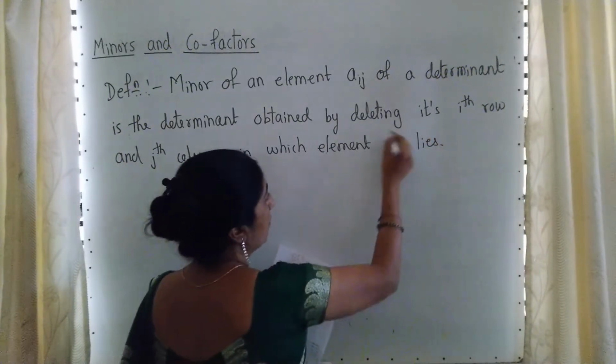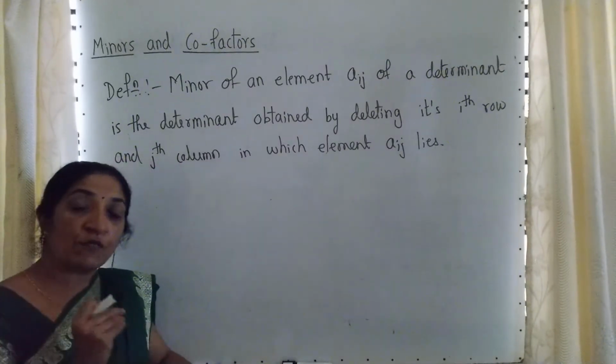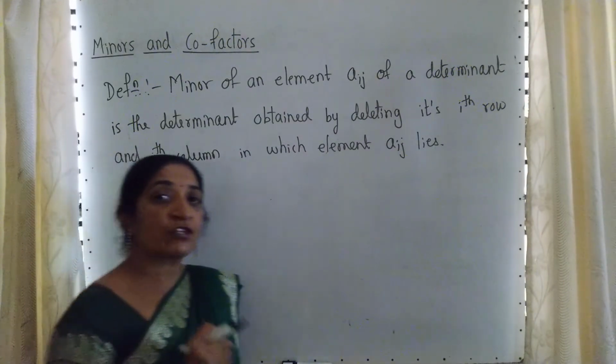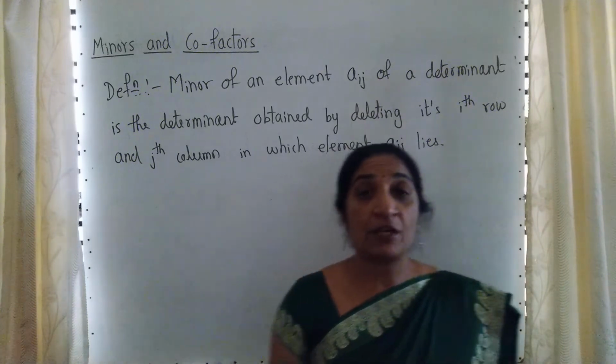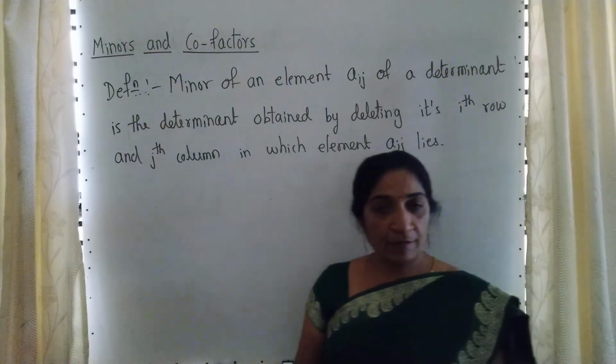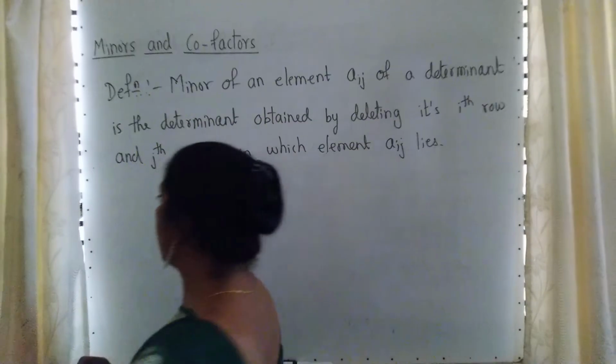So that is what I explained. That means, for the number, find in which row and which column it lies, delete that row and column, and write down the remaining elements in the form of a determinant.